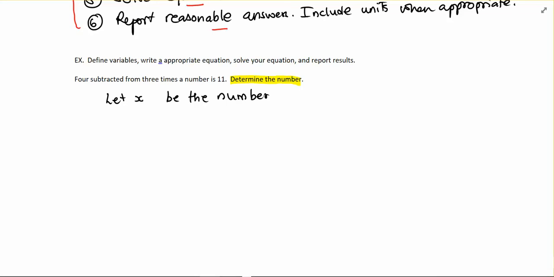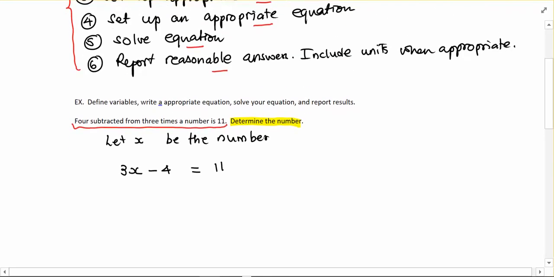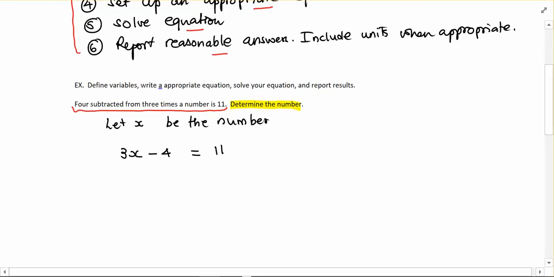Now the equation comes from this statement right there, right? 4 subtracted from 3 times a number. So 3 times the number, and 4 subtracted means subtract 4, is 11. That's step number 4, setting up an appropriate equation. Step 5, solve the equation.